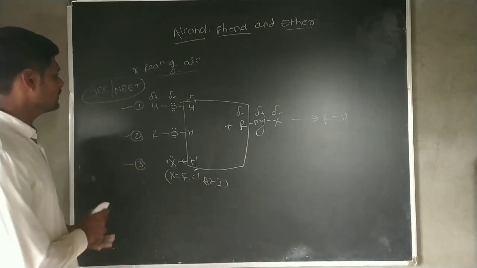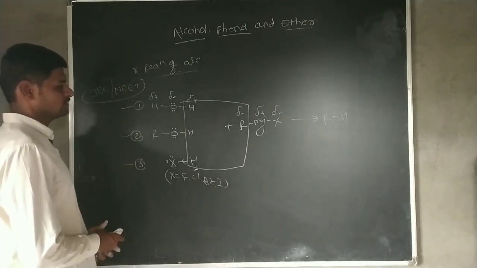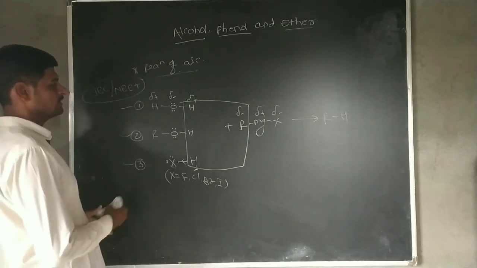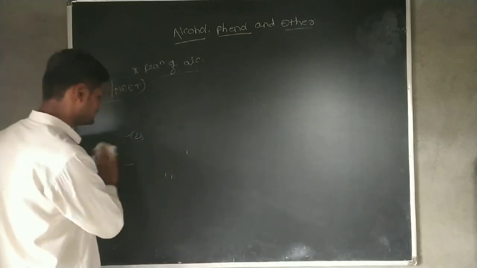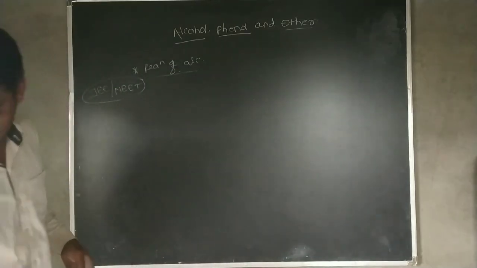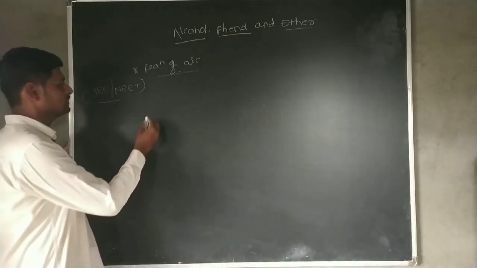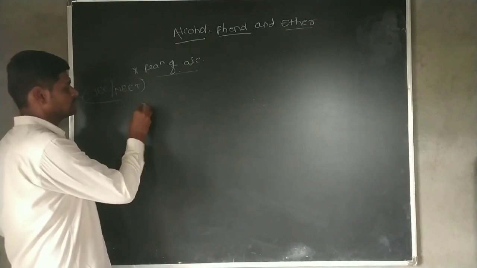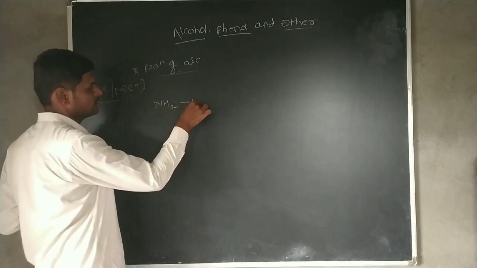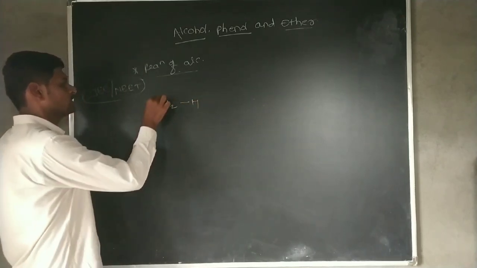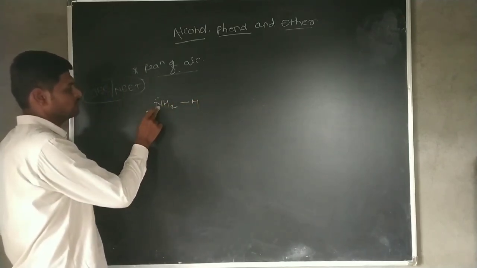Then after that we also consider other functional groups which contain acidic hydrogen. Another functional group contains NH3. NH3 is written in this form. Okay, in this NH3, ammonia, the nitrogen carries a lone pair.